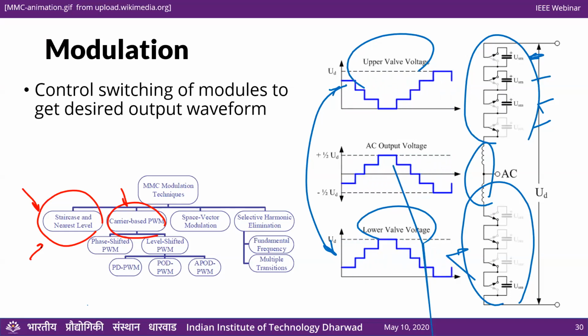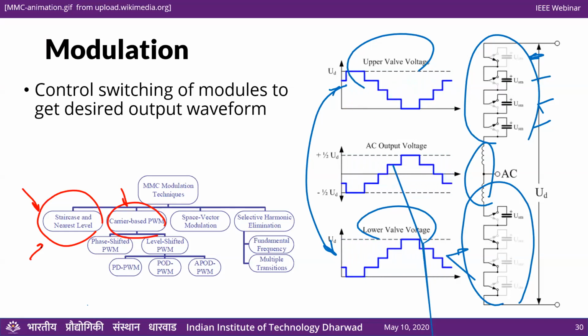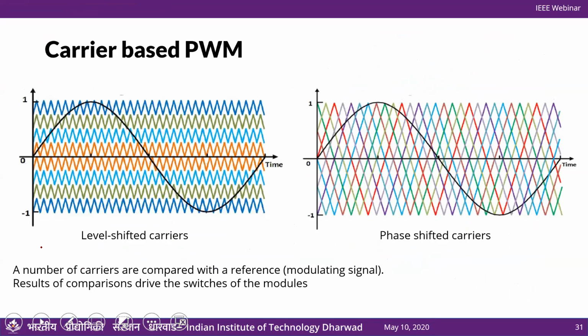We'll look quickly at what carrier-based PWM looks like. I think some of you may be familiar with carrier-based PWM methods. Essentially, what any PWM method does is you have a reference waveform or a modulating signal, which is the black waveform that I've just overwritten in red, and that's your fundamental voltage, right?